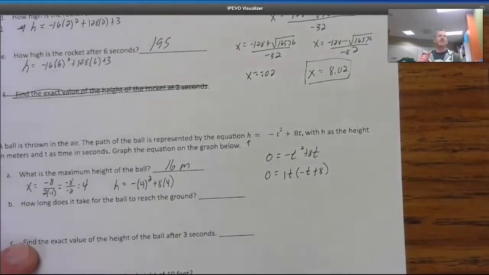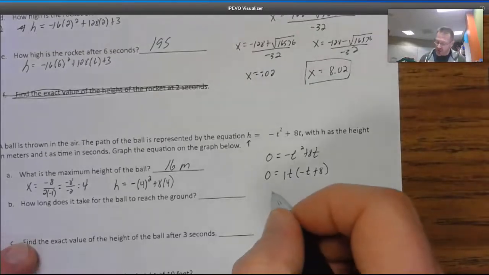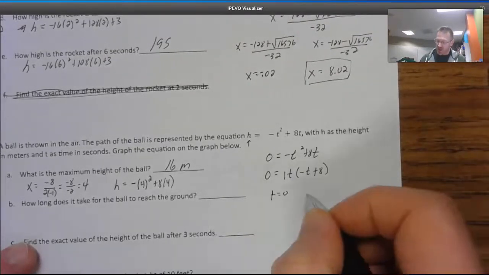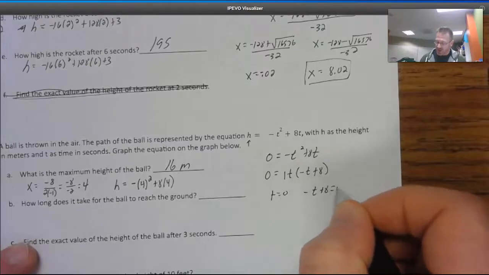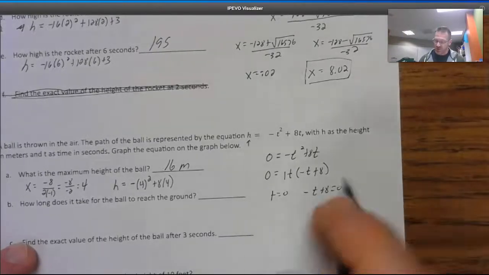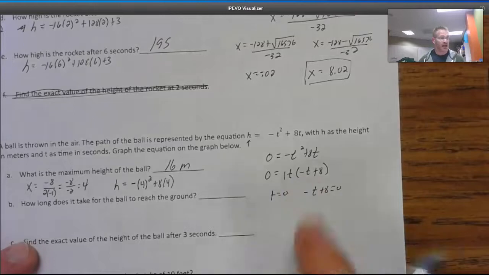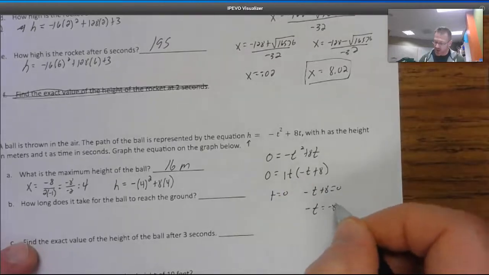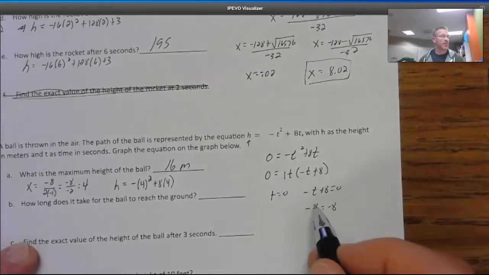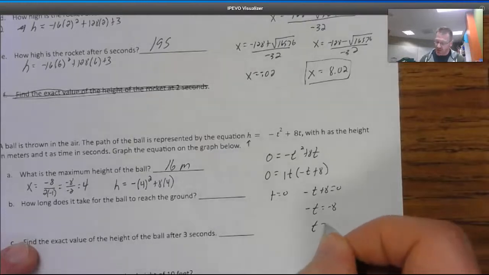Sometimes factoring is faster, especially if you have two terms and can find that GCF, because now I have t equals 0, and then -t plus 8 equals 0, which means what plus 8 is 0? That would be -8. So -t equals -8, and then -1 times something gives me -8, which means my time would be 8.